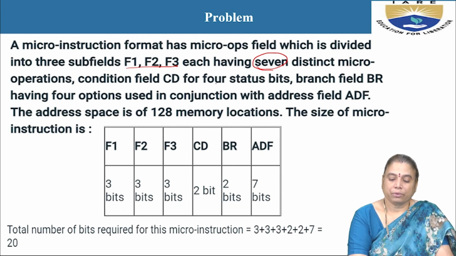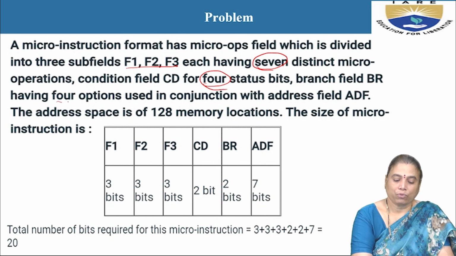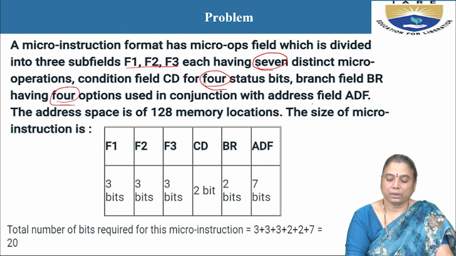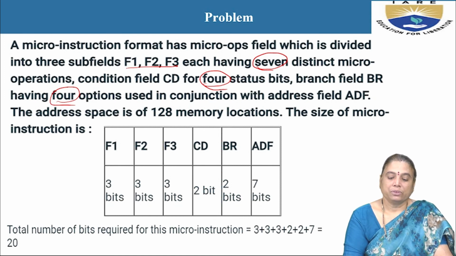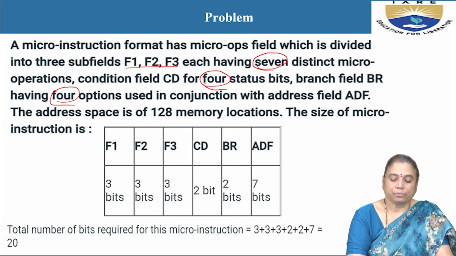Conditional field CD is for 4 status bits. Branch field has 4 operations used in conjunction with the address field ADF. So here CD and BR can specify 4 operations, which means 2 bits each can be used for CD and BR. The address space is 128 memory locations.